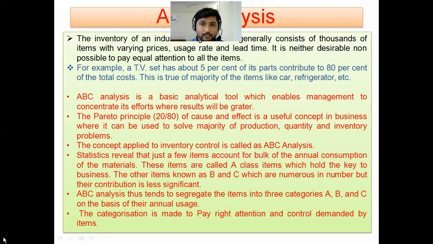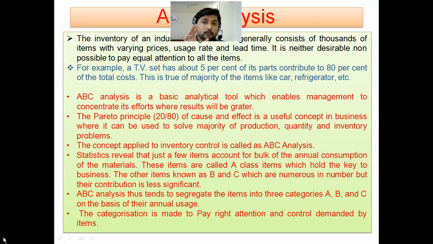and 80% of the components in a particular product consume only 20% of the money. So we have to provide 80% attention to the 20% of components and 20% attention to the 80% of components. Getting my point?